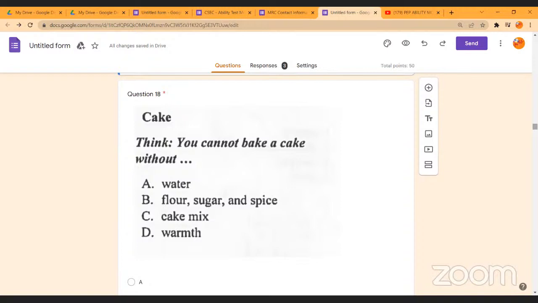You cannot bake a cake without water. You can't make a cake without water. Yes, miss. But I can use milk instead of water. I can make a cake and I don't want any water in it. I use milk. Miss, let me reconsider. Okay, I'll let you reconsider.